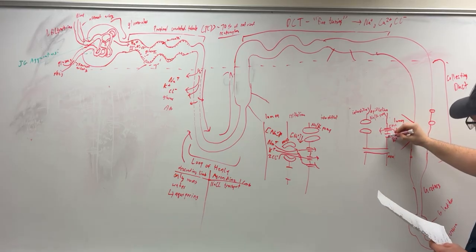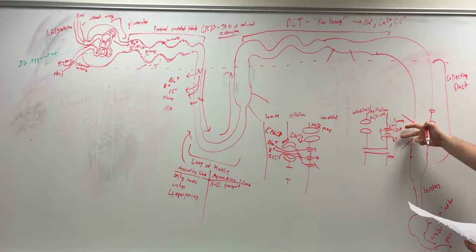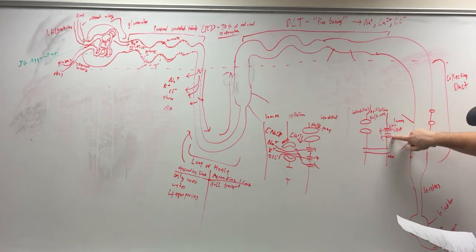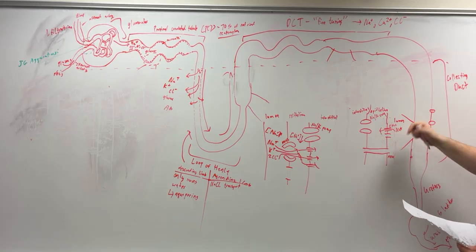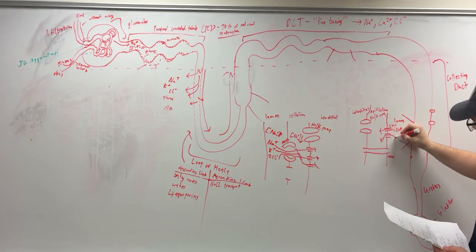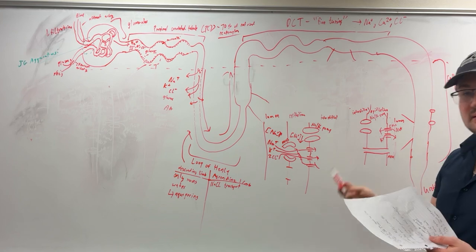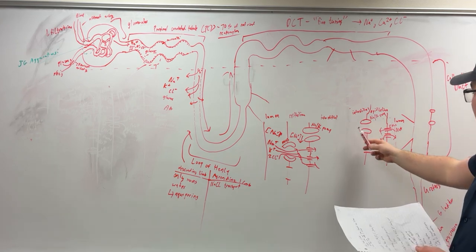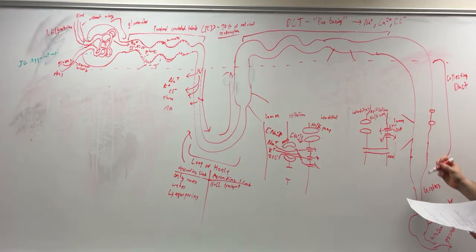Oh, I apologize, I said this incorrectly. This potassium channel is actually going to move potassium into the urine to be secreted. So if we have extra potassium in our blood that we need to get rid of, we can pump it into the collecting duct and it can enter the urine.